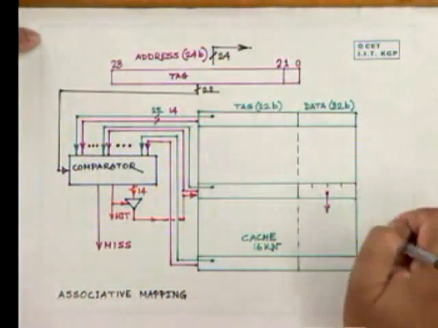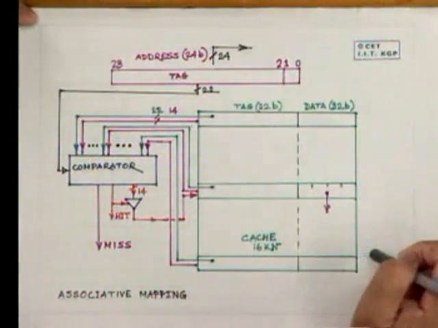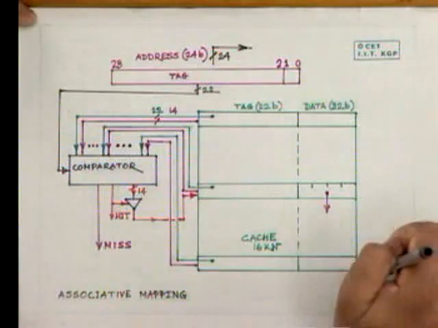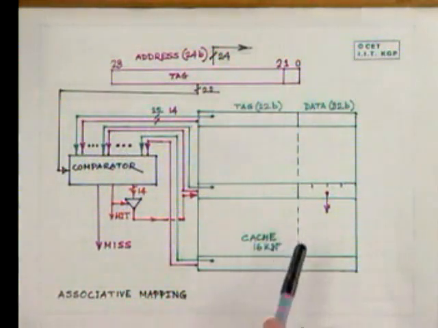But you see that this is quite a huge, time consuming and very costly procedure which cannot be done. The total replacement algorithm has to be very fast and therefore has to be implemented by means of the hardware only. Therefore, the concept and the implementation involved should be pretty simple so that it can be implemented very fast by means of hardware. Otherwise, the advantage that we get due to the use of the cache memory will be nullified.